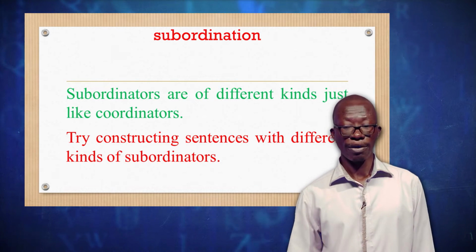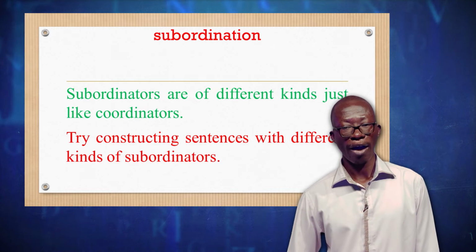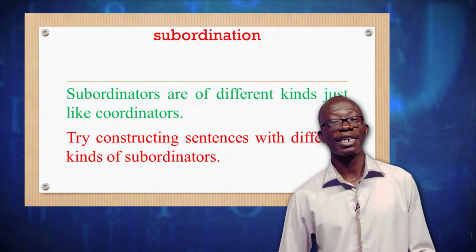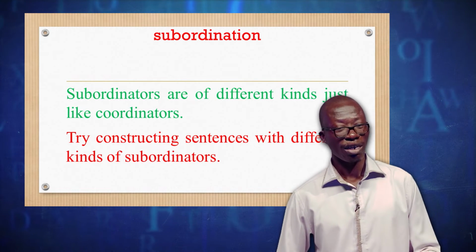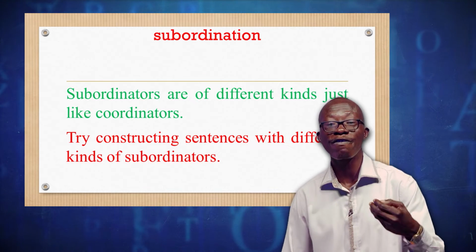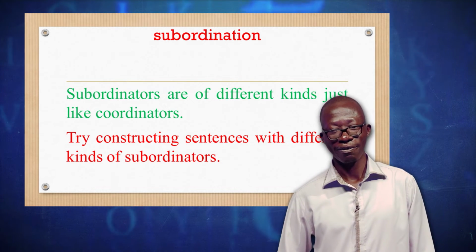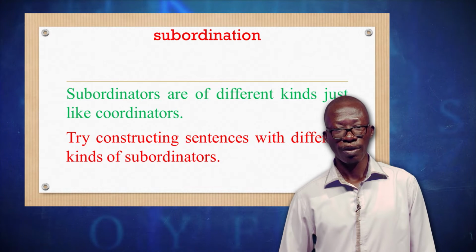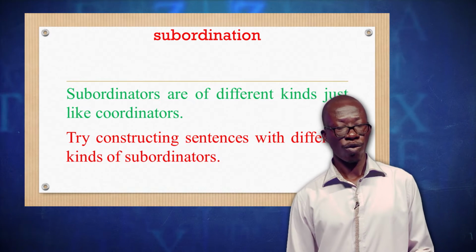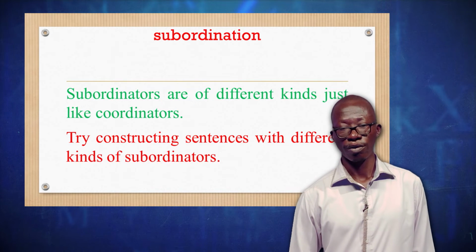In the same way, we do have subordinators coming under different classes or performing different roles in line of subordination. So we have while and when as two examples.